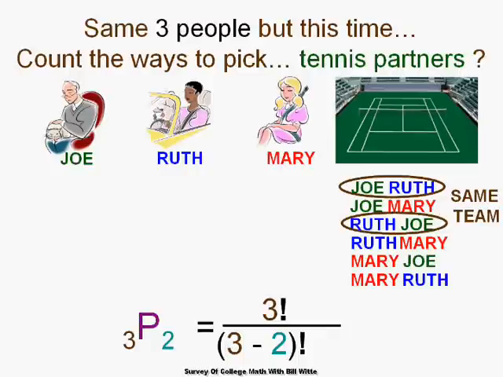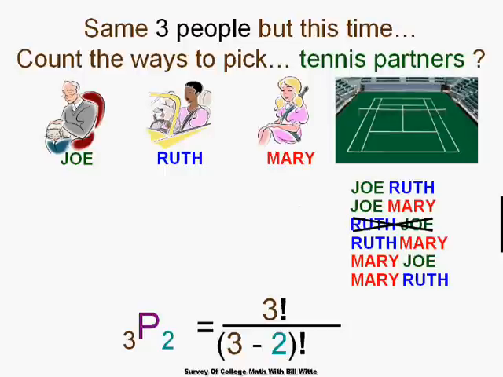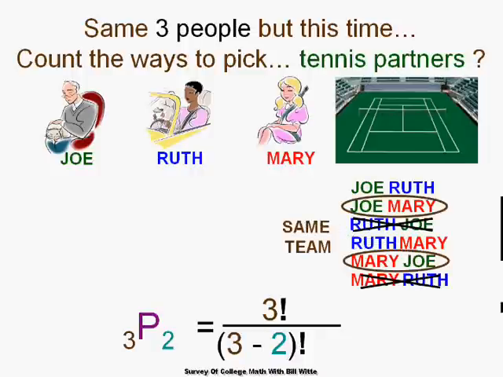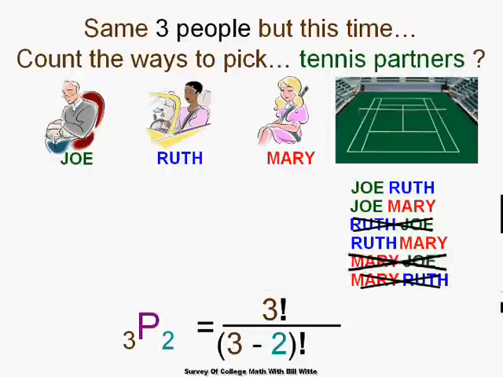For instance, the team of Joe and Ruth is the same as Ruth and Joe, so we have to knock 1 out. And the team of Ruth and Mary is the same as the team of Mary and Ruth. So we're over-counting, aren't we? Once again, the team of Joe and Mary is the same as Mary and Joe, so we have to wipe 1 out. As you can see, we only have 3 possibilities for teams of tennis partners.